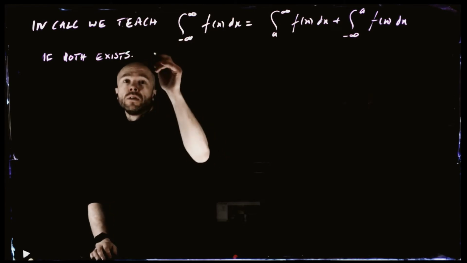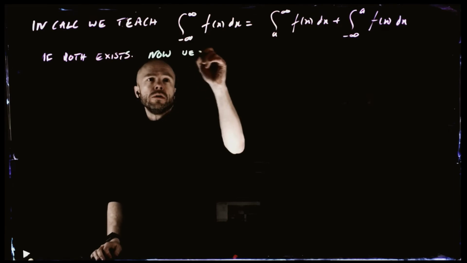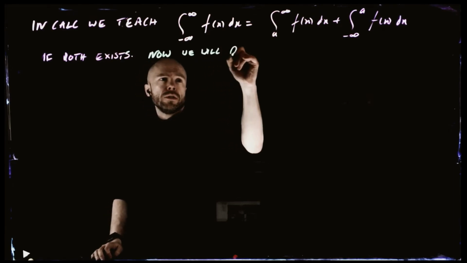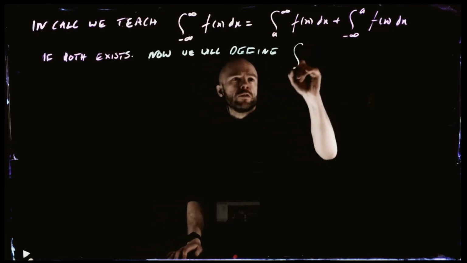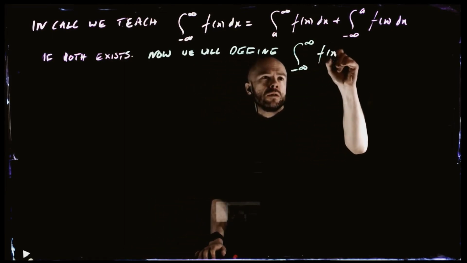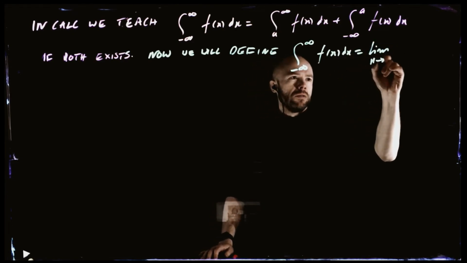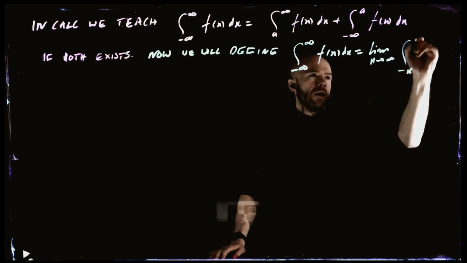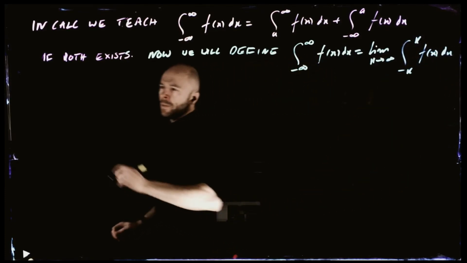So now we will define the integral from minus infinity to infinity differently, to be equal to the limit as r goes to infinity of the integral from minus r to r of f of x dx, if this limit exists.